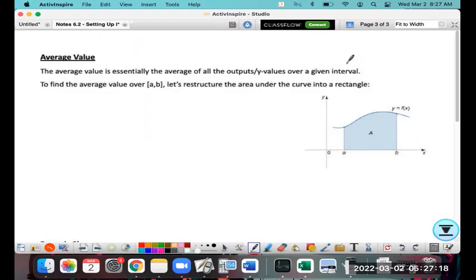To find the average value of our function over that interval, we're going to restructure the area under the curve into a rectangle. So looking at this visual off to the side, if I were to try to restructure this into a rectangle, I think I would take some of this area from above and put it over here so that it's more flat. Let's see.